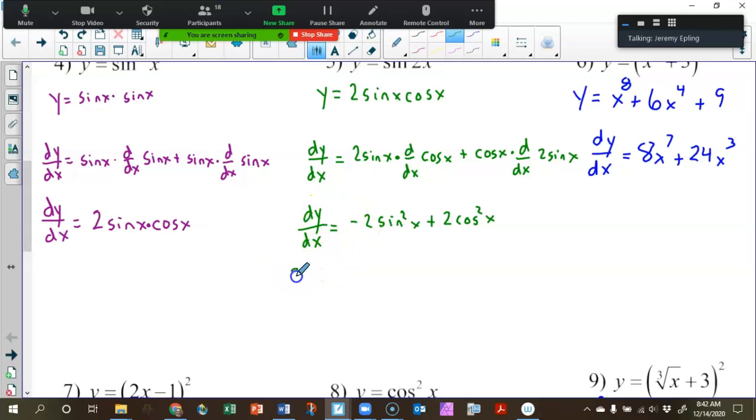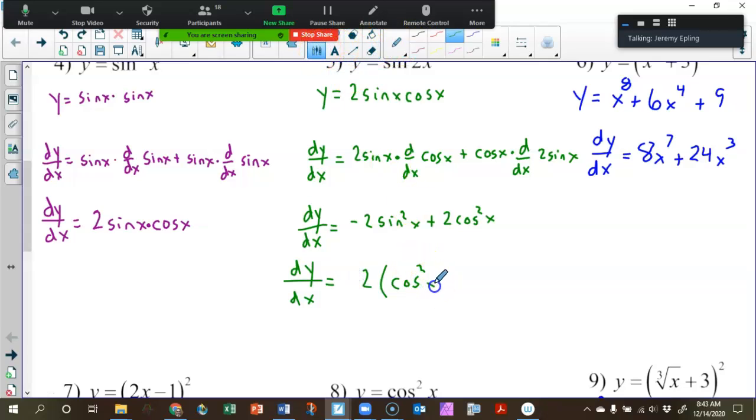I can factor here in number 5. So dy/dx, I'm going to factor out this negative 2. And I prefer to write my positive piece first. Hang on, let's just factor out a 2.